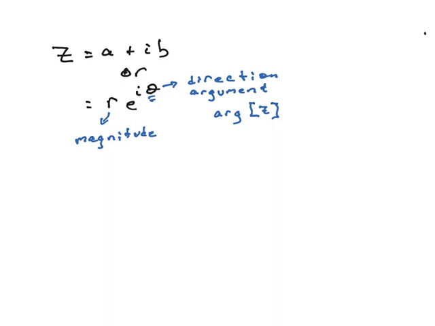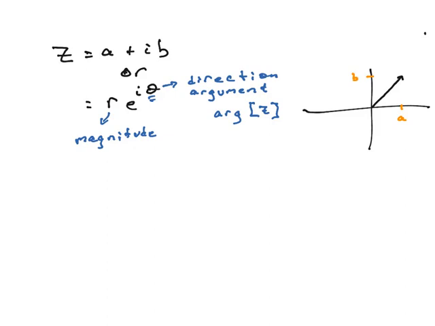Now the question is, okay, if we want to represent this complex number a plus ib in this new form of magnitude and argument, or magnitude and direction, how do we do it? So we have the point over here, and we say, okay, the x component, I'll call that a, and the y component, I'll call it b, for a plus ib, of course. And remember, this is a complex plane, but who cares? We'll just think of it as a vector.